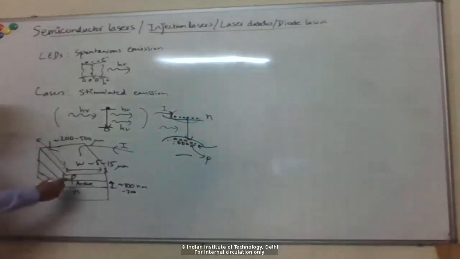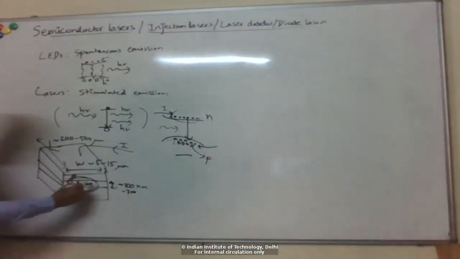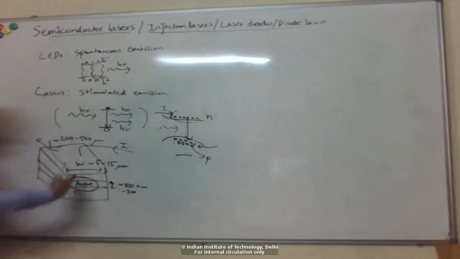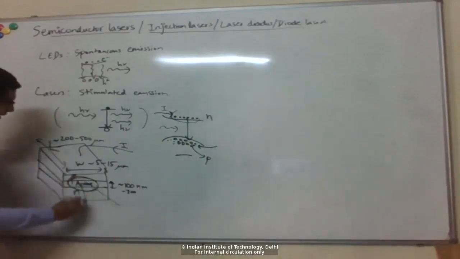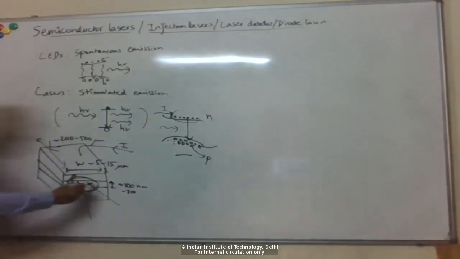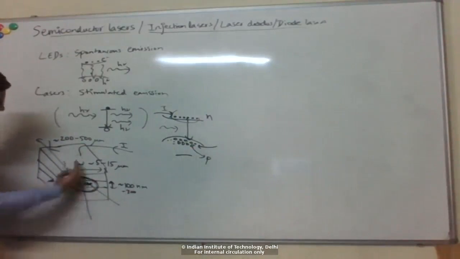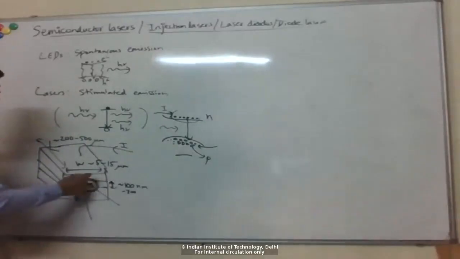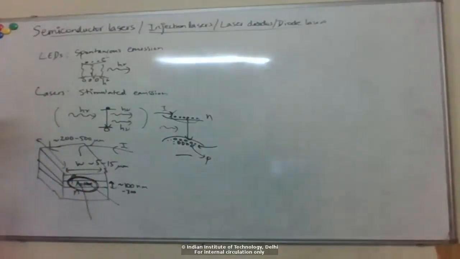Okay, so now you can see that we also discussed that this will form some sort of waveguide, right? And basically the waveguide mode will look somewhat like this, and it will propagate into the board along the length of the device, and then come out of the device like this. And the mode will look slightly elliptical, right? Because there is more confinement in the vertical direction because of this index contrast, whereas in the horizontal direction, the only confinement is from the width of the device, right?